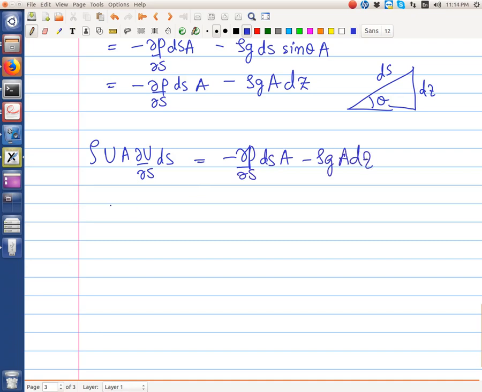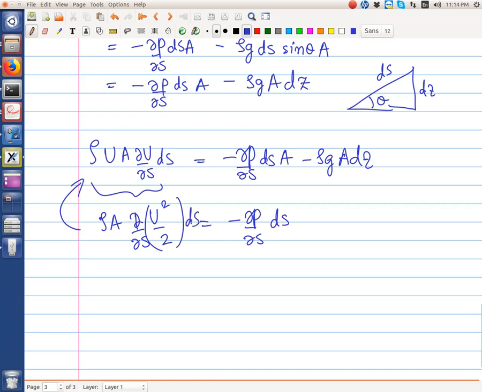Okay. So this term can be written as rho A del S of U square multiplied by half, because these two terms are equivalent. Convince yourself that these two are equivalent. Minus del P del S ds, so we forgot a ds over here, minus rho g A dz.